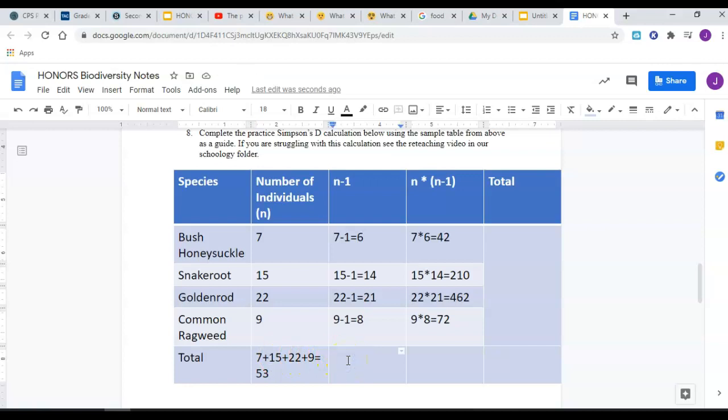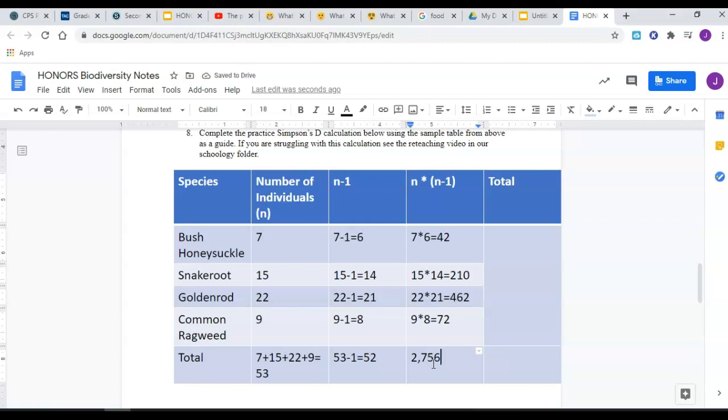Now what you need to do is to run this number through the same equation that you just did. So this is now my n, 53. My n minus 1 is 53 minus 1, which equals 52. And then my n times n minus 1 is 53 times 52, which is 2,756.